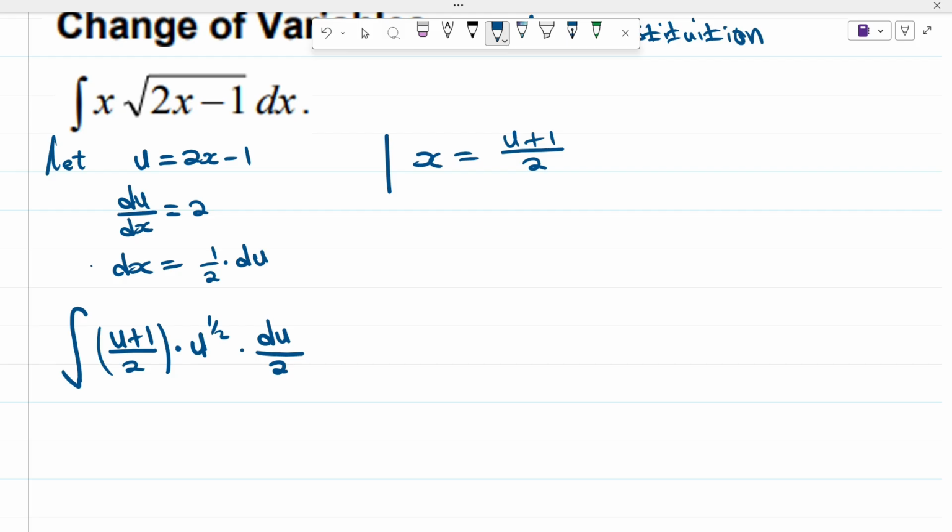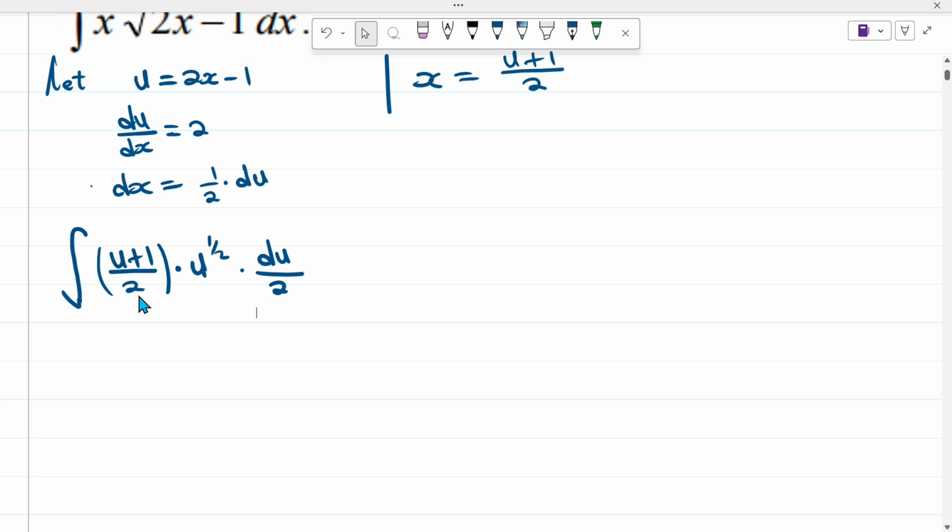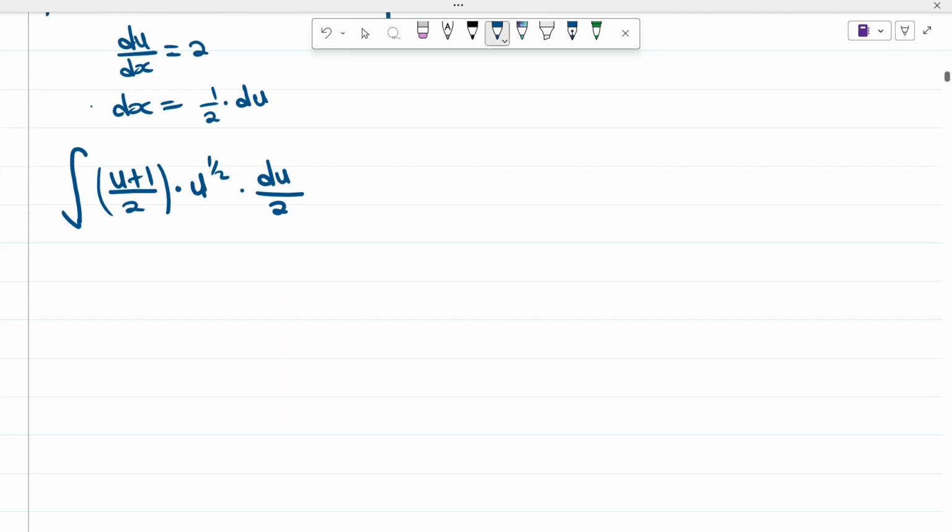Then from there we need to multiply. So what are we going to do here? 2 and 2 will multiply out, and then this U will multiply this numerator. So at the end of the day, we'll have 1 over 4 outside there. This 1 over 4 comes from 2 multiplying 2, because 2 and 2 are denominators.